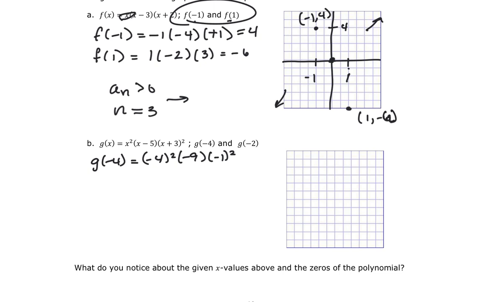And this gives me a negative 144. Now, if I do g of negative 2, I'm going to have negative 2 squared, negative 7, and positive 1, the quantity squared. This is a lot easier.